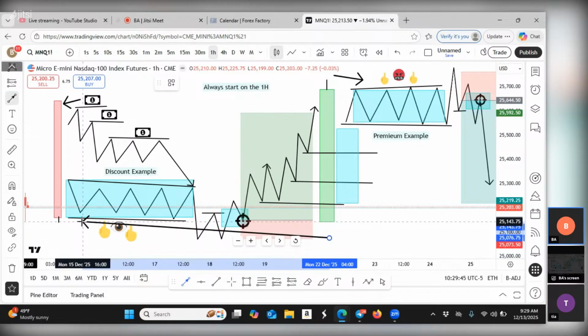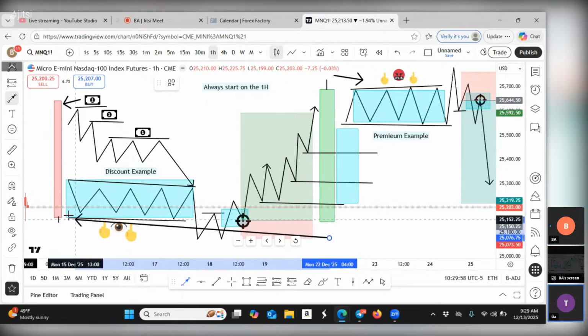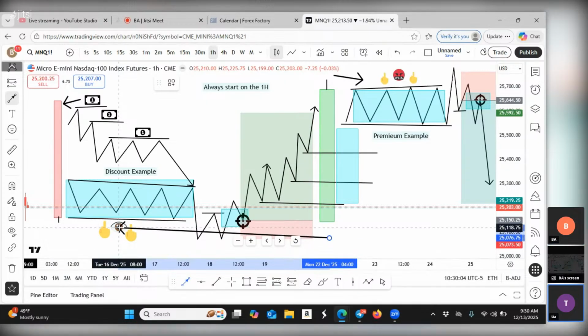Hell no. Because you're trying to make a profit. Why would you sell your house for 25 cents at a discount price? That's crazy. You want to look at price action in that way. That makes sense.